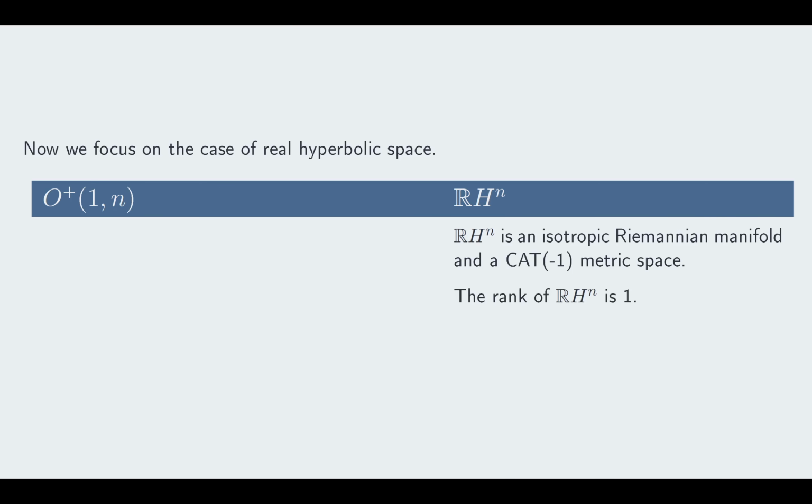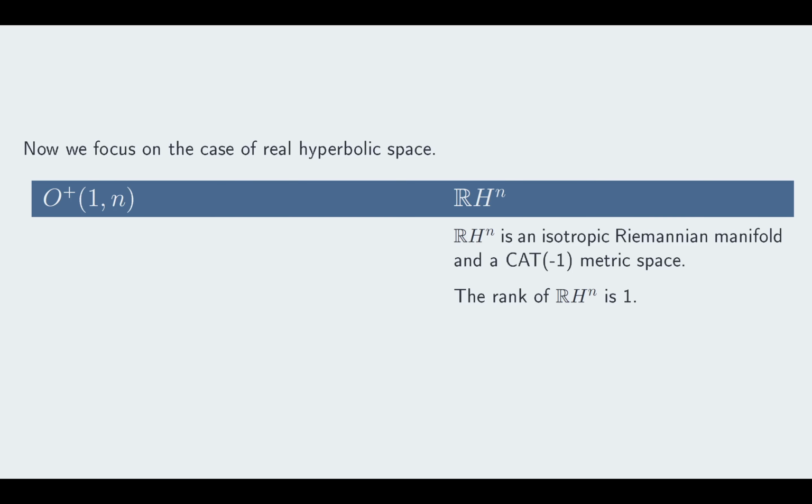Trivially, it is a CAT(-1) metric space, and because it's isotropic, it carries every direction to every other because it's frame homogeneous. It can't be any higher than rank one. It is carrying flats, so a two-dimensional flat can only be carried to another two-dimensional flat.